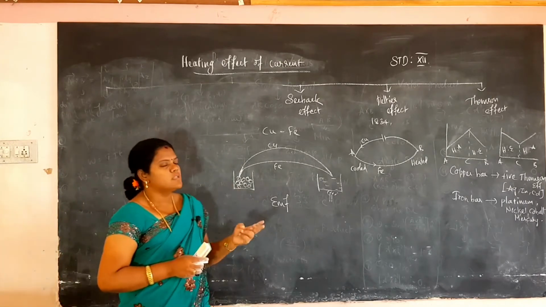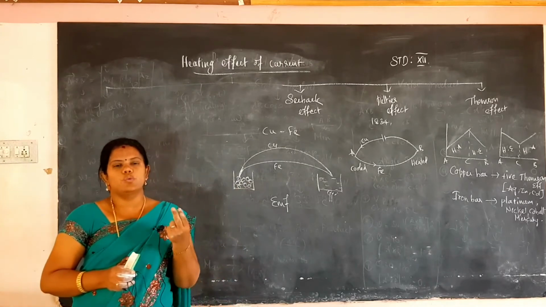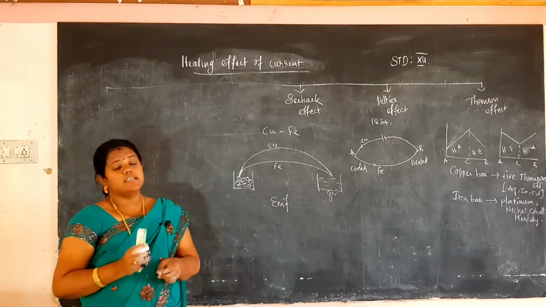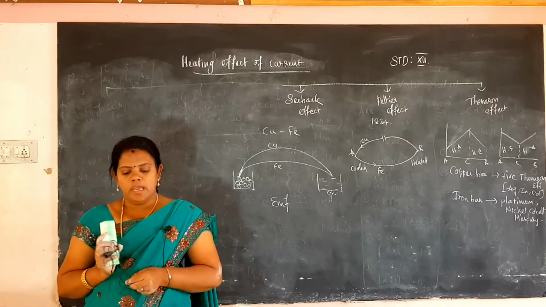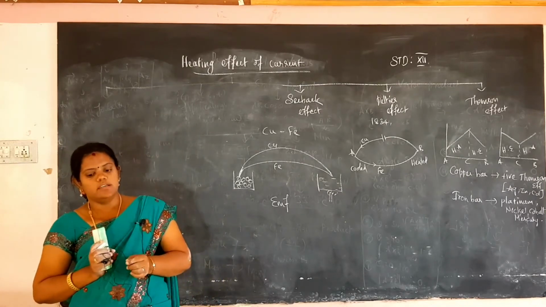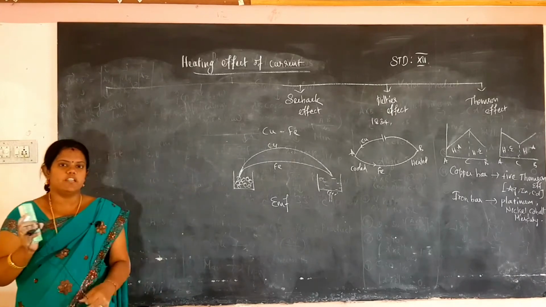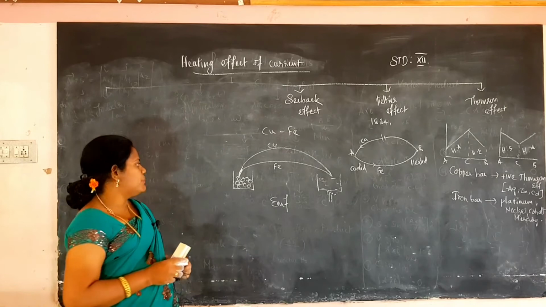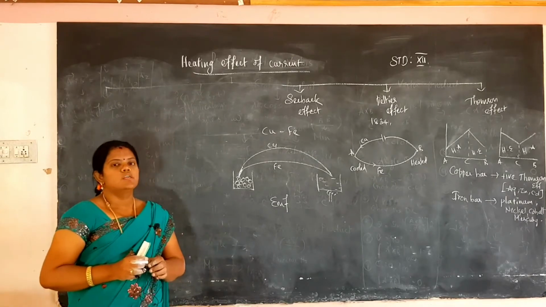And the second one, it will be used in automobiles to increase the fuel efficiency. And the third one, it will be used to measure the temperature difference of two objects. So there are three applications.